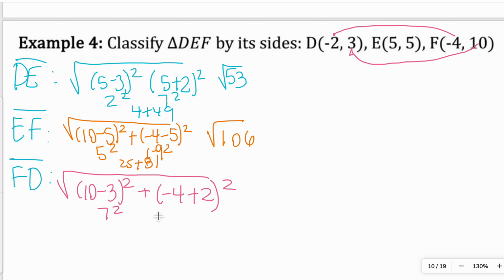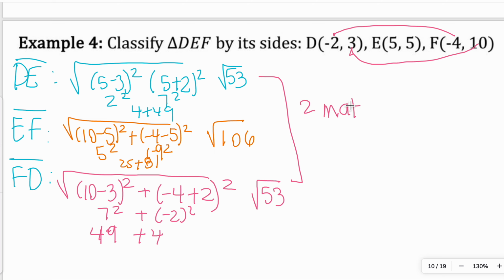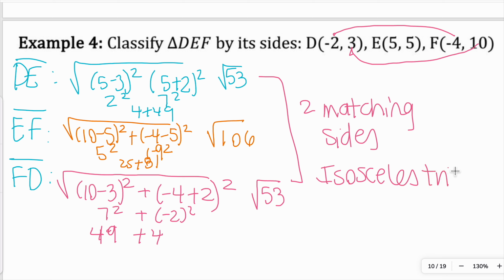So this will be 7 squared and negative 2 squared, which is still 49, plus 4, or the square root of 53. And since I have two matching sides, I'm going to categorize or classify this triangle as an isosceles triangle.